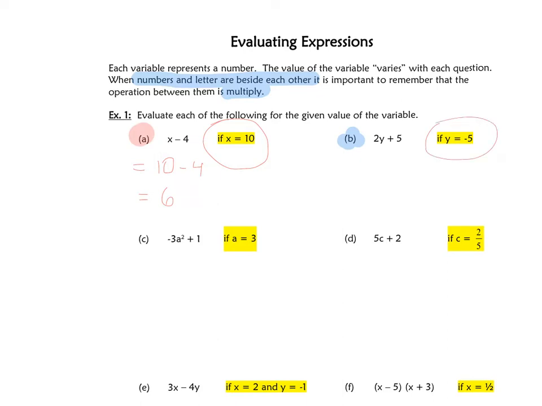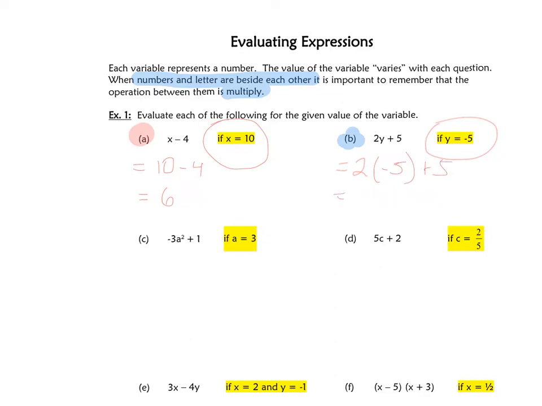So let's fill this out. We have 2, and y is right beside, so I'm going to put a bracket. Let's try that again. So we have 2 times negative 5 plus 5.